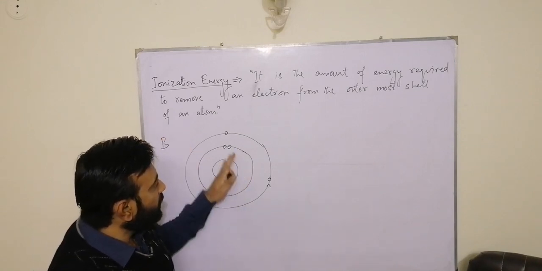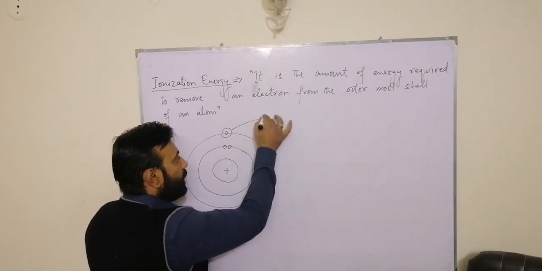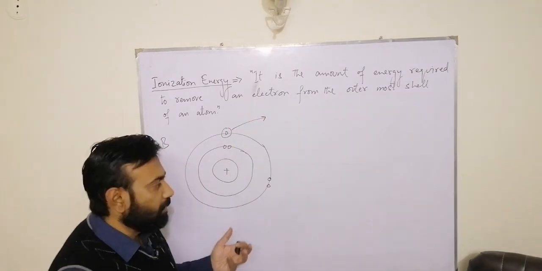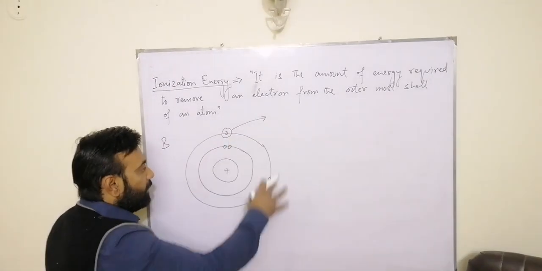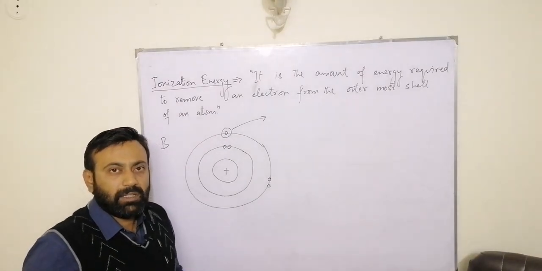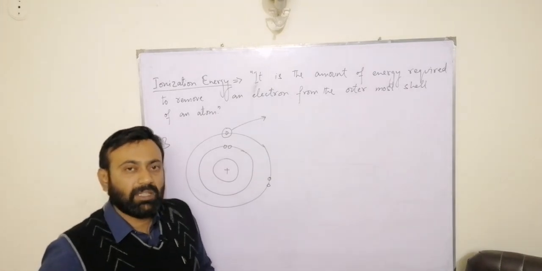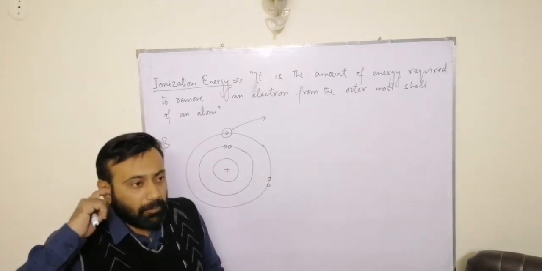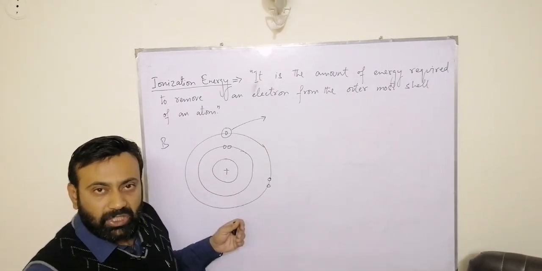Now, if we want to remove this electron from the outermost shell of this atom, obviously it requires some energy. As we all know, it is revolving around the nucleus with a particular speed, which means it has a particular kinetic energy, which balances out the nuclear attraction.